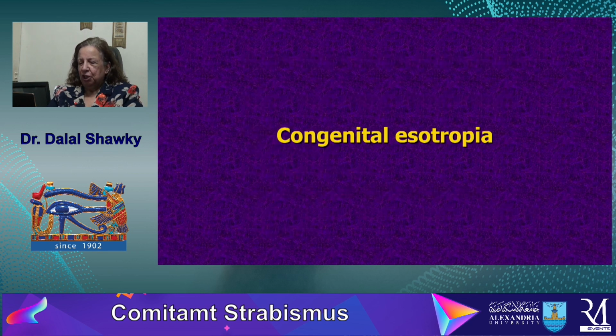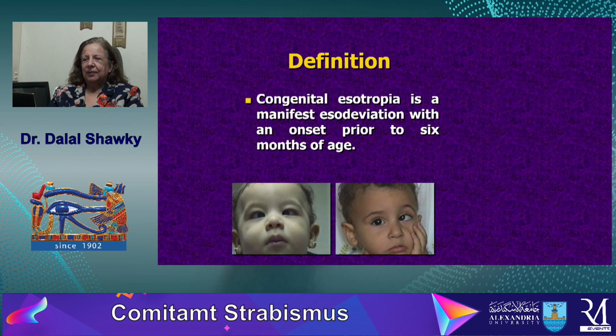Now, the congenital esotropia, which is the type appearing within the first 6 months of life. Like this photo. They have some characteristics. Angle is big, as we see, 40 prism or more.